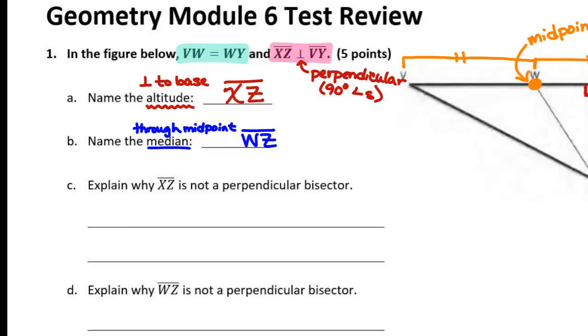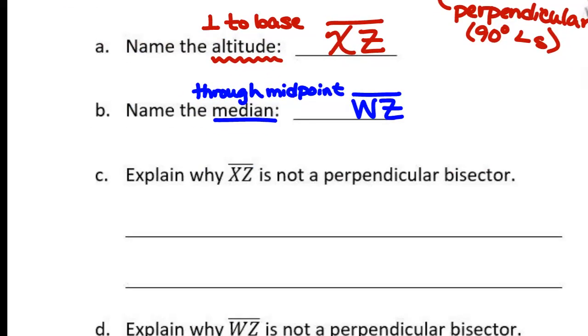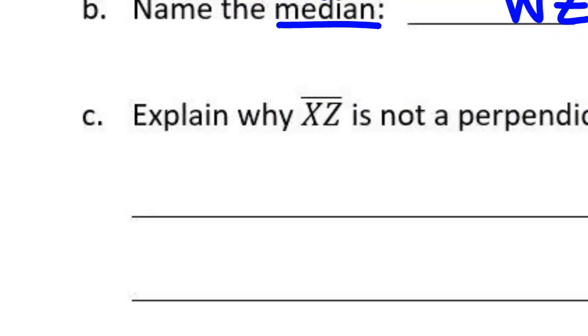Explain why XZ, right here, is not a perpendicular bisector. What do you mean by doesn't do both? Does it do either thing? It only makes a right angle. Yeah, it doesn't go through the midpoint, absolutely.